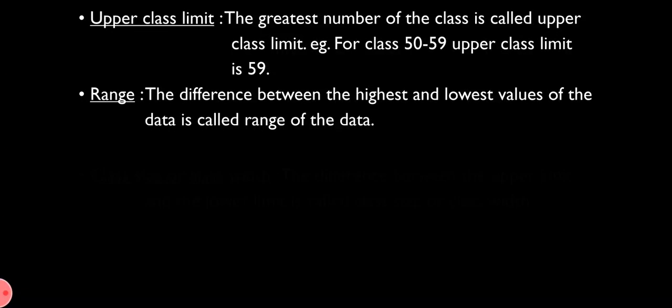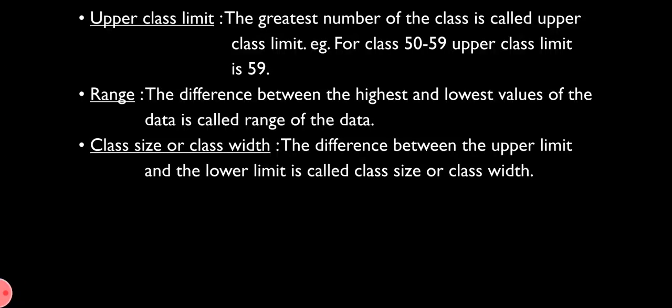Next is class size or class width. The difference between the upper limit and the lower limit is called class size or class width. Here we take the difference of the upper limit and lower limit. In range, we are taking the highest and lowest values of the data.